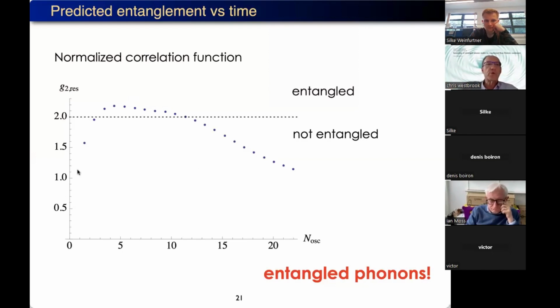So at very short times, I think we're seeing an effect of finite temperature because the process is starting from just a thermal ensemble, which is not entangled. So at these very early times, there has not yet been enough parametric amplification to create entanglement.